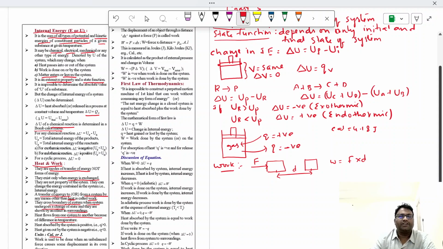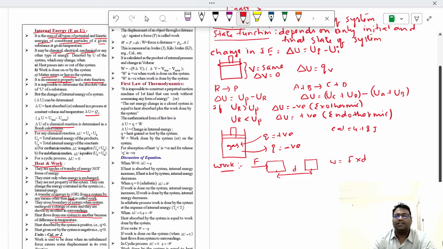So what is meant by work done? When some resultant force or unbalanced force pushes a body in its direction and displaces the body through a displacement of d, then the work done is given by F into d, or F into S if you take it as such.